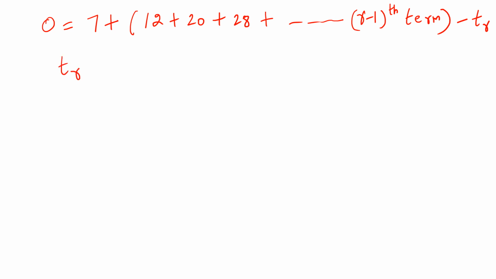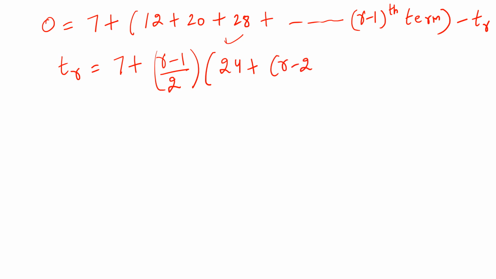So from here, I get Tr equal to 7 plus. Now students, we have to find the sum of this AP. So just apply the formula. It becomes (r-1)/2 into [2 times 12, which is 24, plus (r-1)-1, which becomes (r-2), into 8].